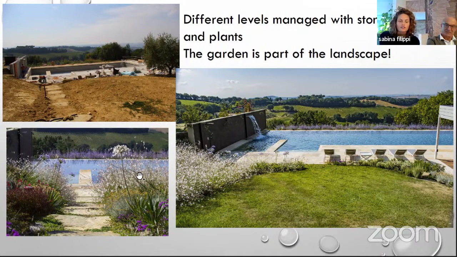I think this image on the left is quite representative because it's a view from the house of the work completed, where you can see all this path that ends in this stone that looks like a finger that shows all the landscape that you can see. With the pool.